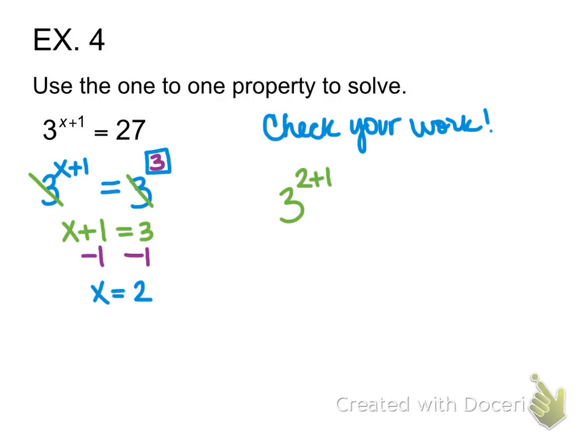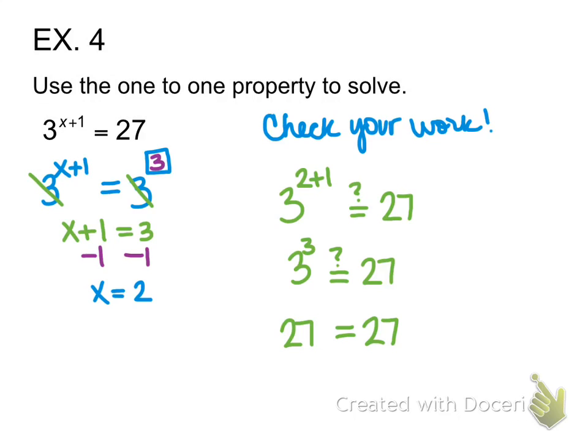So if I do 3 to the 2 plus 1 power, I want to know, does that equal 27? So 3 to the third power, does that equal 27? I type 3 to the third in my calculator, and we already know it does equal 27. So x equals 2 is the correct answer. Sometimes when you plug it back in, you get a number that doesn't work, and you just wouldn't include that as your solution. You would just mark it out.